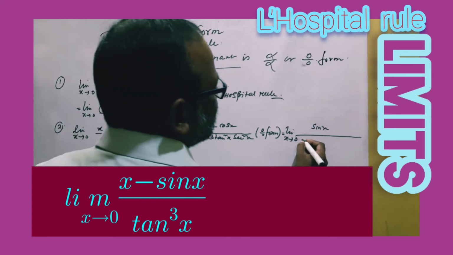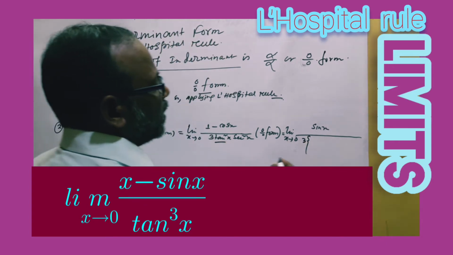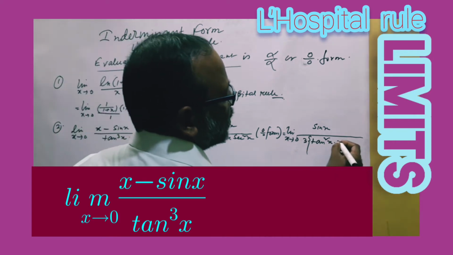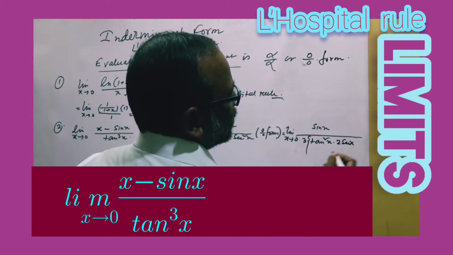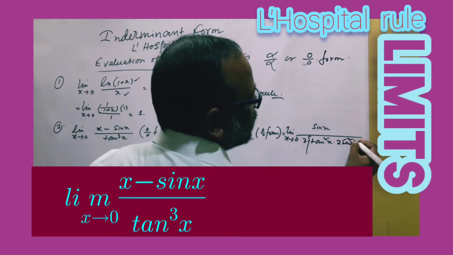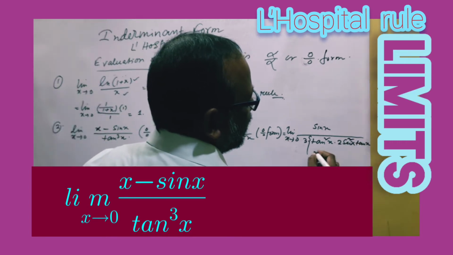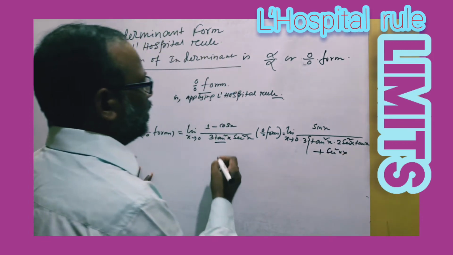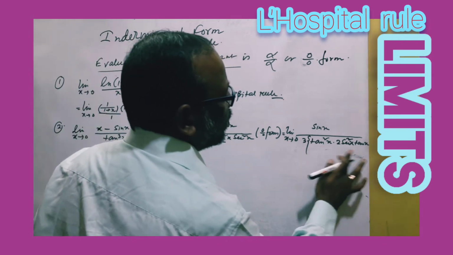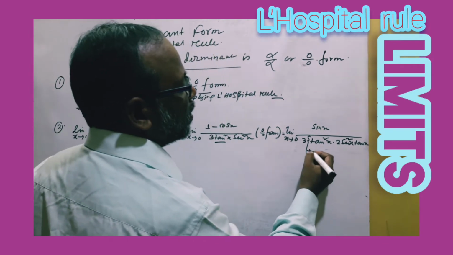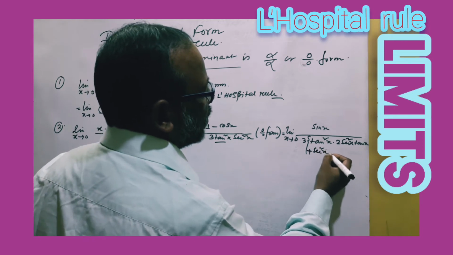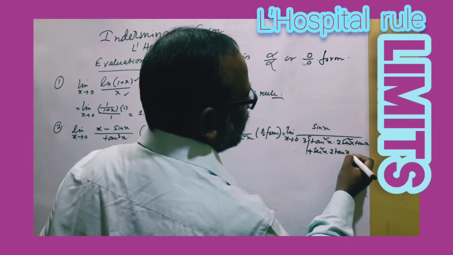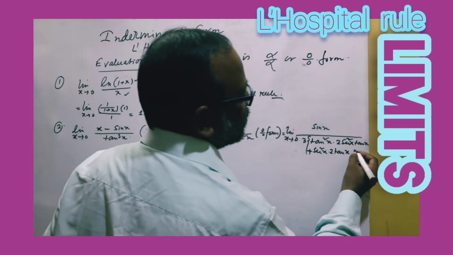The differentiation of the denominator, 3 tan square x sec square x, is 3 times tan square x times the derivative of sec square x, which is 2 sec x times sec x tan x, so 2 sec square x tan x, plus sec square x times the derivative of tan square x, which is 2 tan x times sec square x.